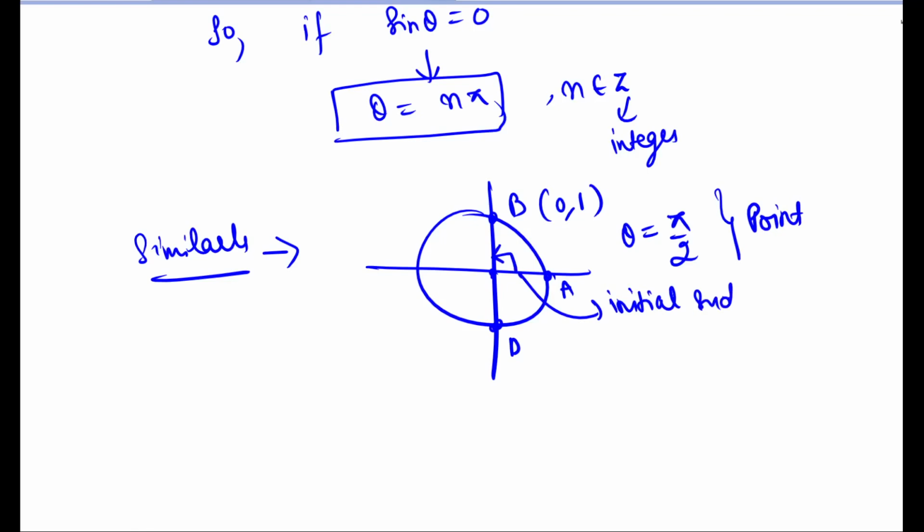If we rotate this anti-clockwise, we get point B. So at theta equal to pi by 2, we get cos theta is 0.